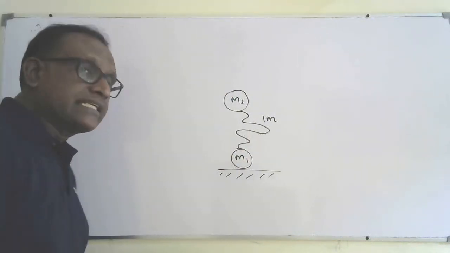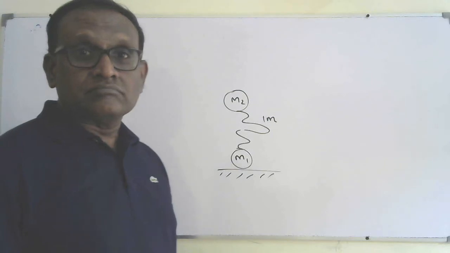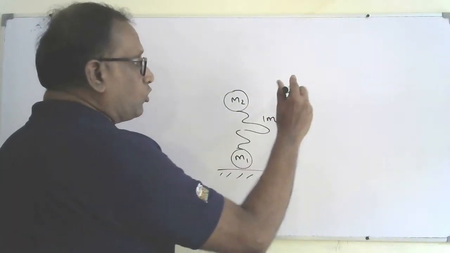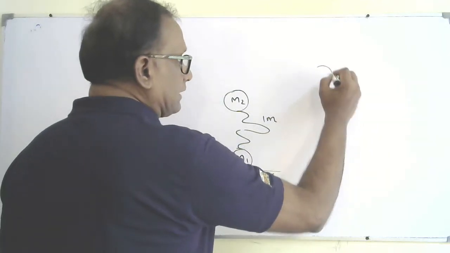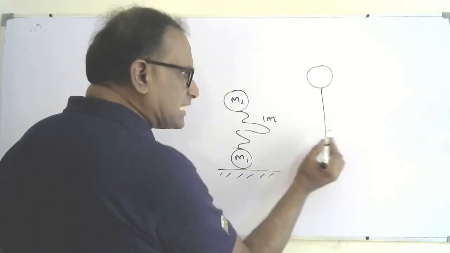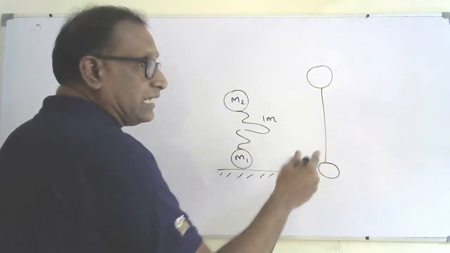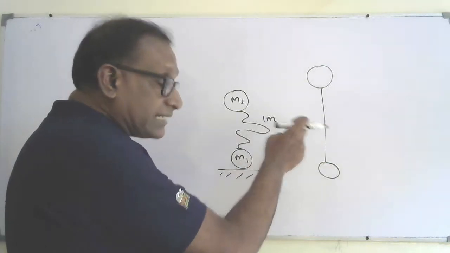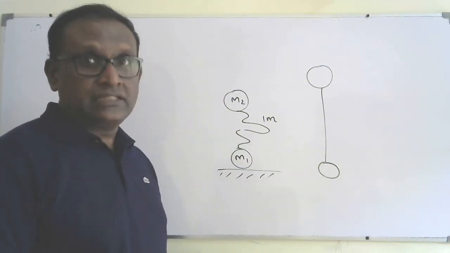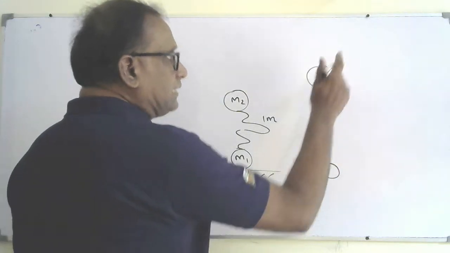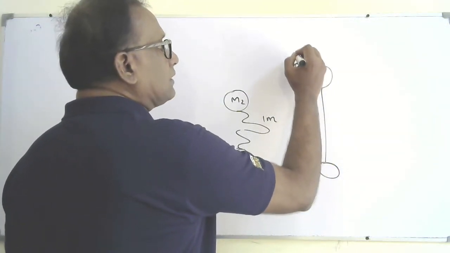Imagine this string is inelastic. When m2 moves to a height of 1 meter, just before the string becomes stretched, that means just before it reaches its natural length of 1 meter, its speed could be u1.